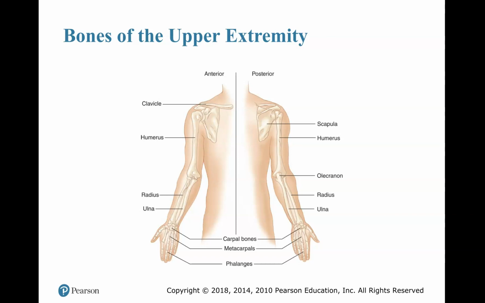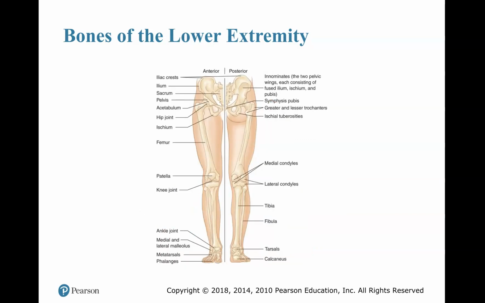Again, make sure you're familiar with them and where they're located. Bones of the lower extremity, same thing. Make sure you're familiar with them and where they are located. One thing about this slide is make sure you understand that the left portion is anterior and the right portion is posterior.